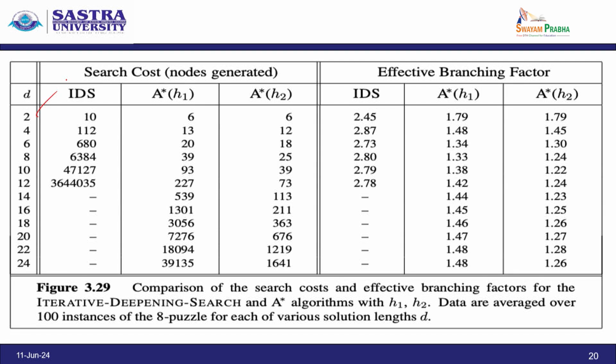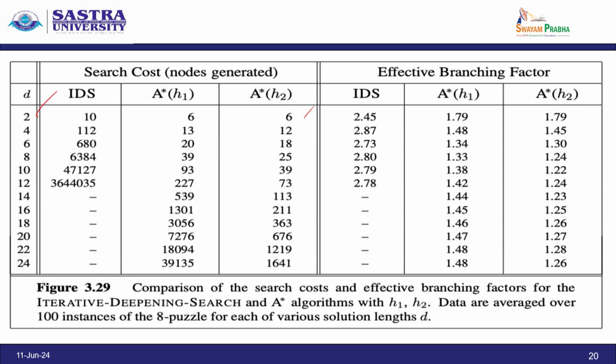For d equal to 2, iterative deepening search costs 10, and A star with H1 goes to 6, and A star with H2 is also 6. Likewise for the search cost, whereas the effective branching factor goes to 2.45 for IDS, 1.79 for A star H1, and 1.79 for A star H2.